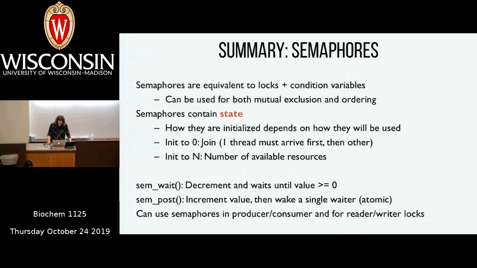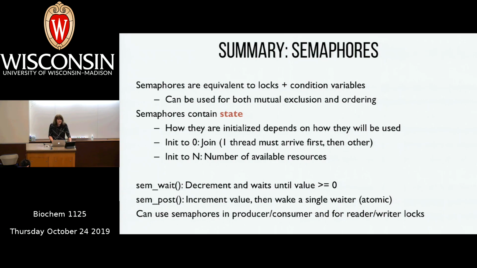Basically, you'll only return from a wait when that semaphore is 1 or higher before you called it. And then when another thread calls post, it increments that value and potentially wakes up some waiting waiters if they saw that the value had been 0 or less when it came to the wait.